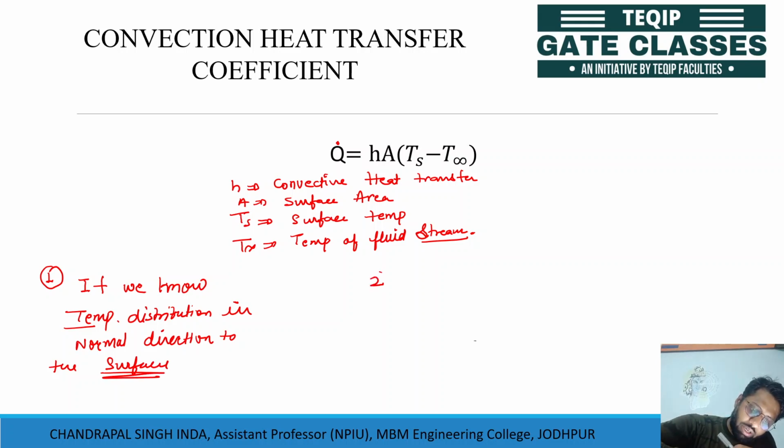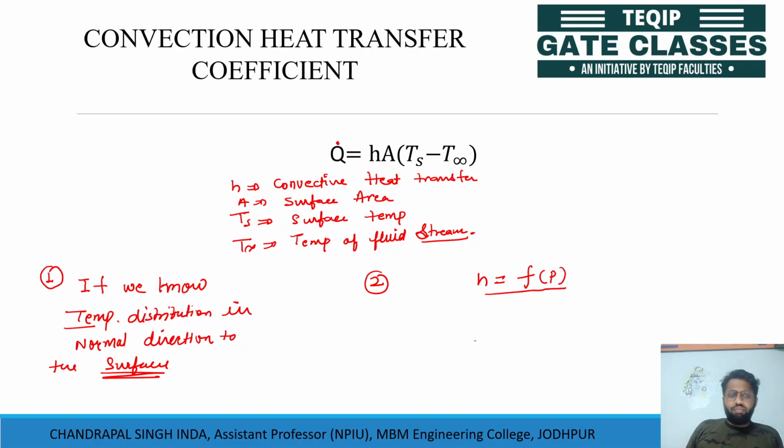And the second approach is where h can be calculated by finding the parameters on which h depends. So h is a parameter which depends upon various parameters, and here we have two kinds of convective heat transfer, one is forced and another one is free.